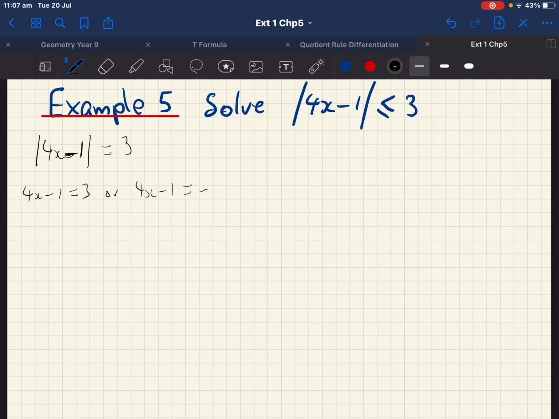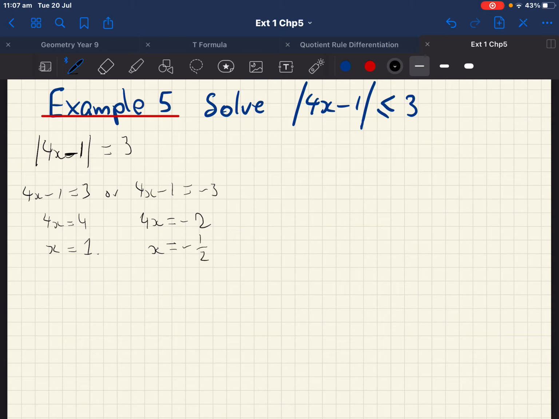We're actually going to end up with two different critical values here, just like we did with the other couple questions. So add 1 to both sides, divide both sides by 4, you end up with -1/2.